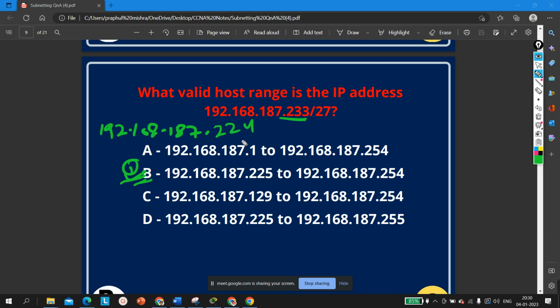Yes, sure. And block size? 32. So the next network will be 187 dot what? 256.